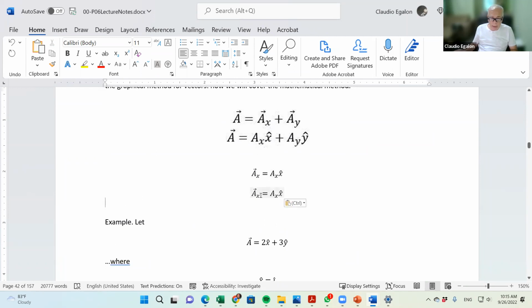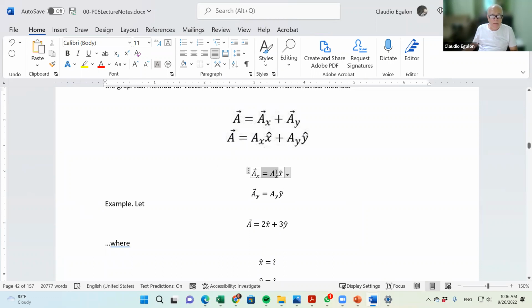Similarly, the y component vector can be written down as the scalar component of this vector times the unit vector y along the y direction, y hat. Like I said, it's a very convenient way of writing vectors. And let's do an example.